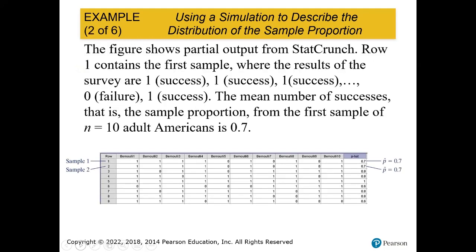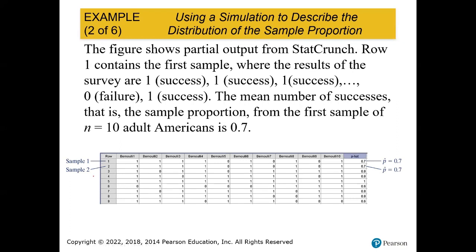What we have here is just the start of the sample, just letting you know that 1 stands for a success, 0 stands for a failure. So 1 is, yes, they believe the moral values are going down. No would be the 0.